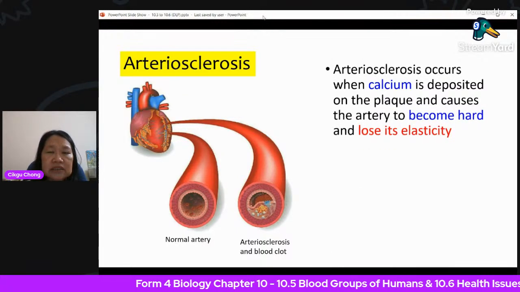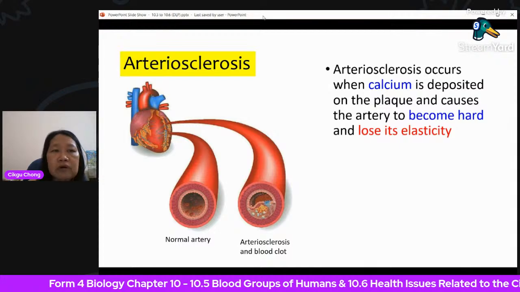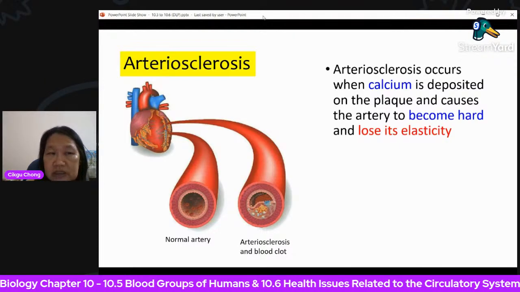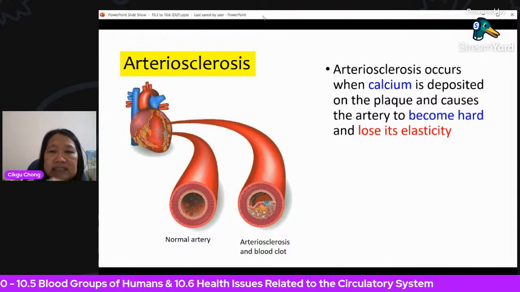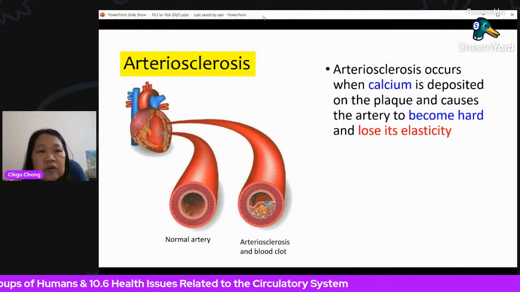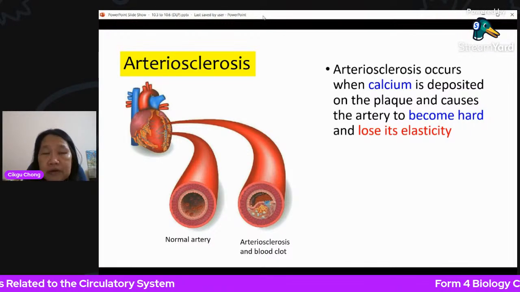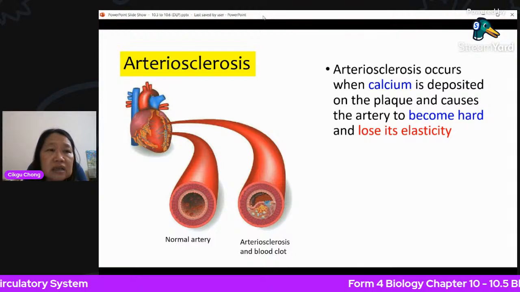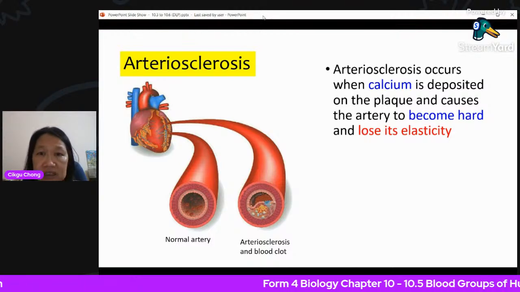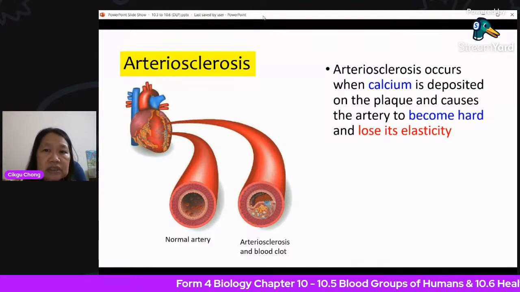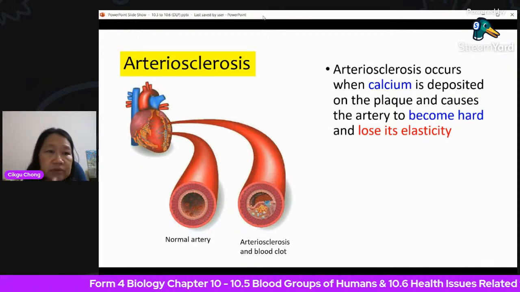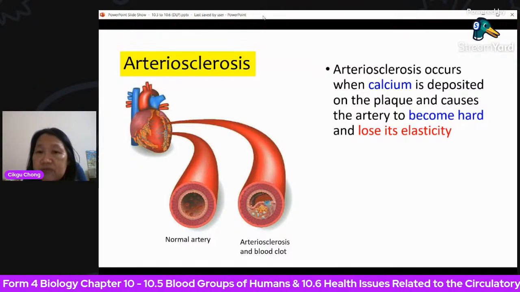Arteriosclerosis is usually one type of atherosclerosis. It's because calcium is deposited on the plaque, so it becomes hardened. Just now we said plaque was formed. I didn't say the artery became hardened. But in arteriosclerosis, the arteries have hardened, usually because of plaque formation and calcium deposits.